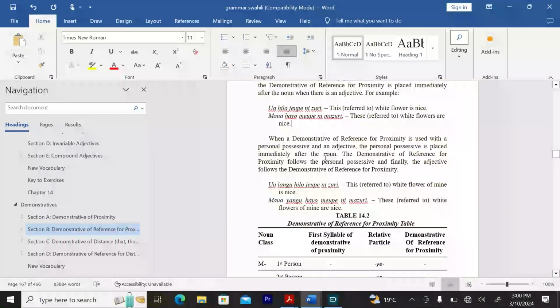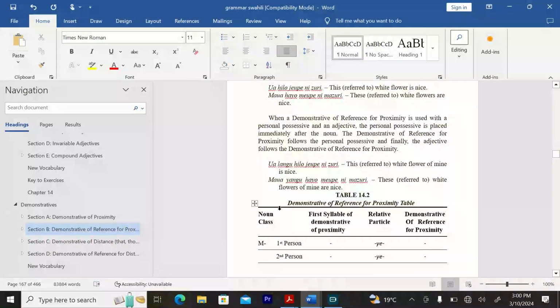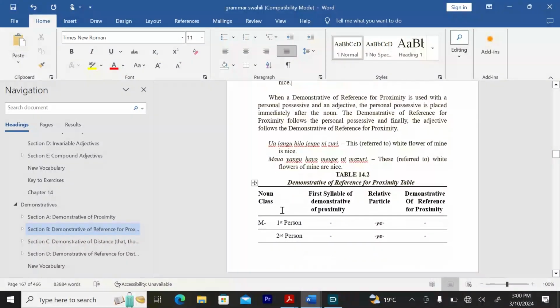Right? When a demonstrative of reference for proximity is used with a personal possessive and an adjective, the personal possessive is placed immediately after the noun. The demonstrative of reference for proximity follows the personal possessive, and finally the adjective follows the demonstrative.